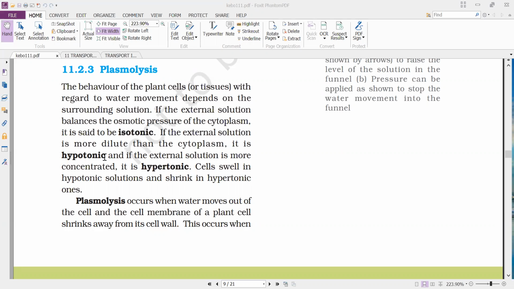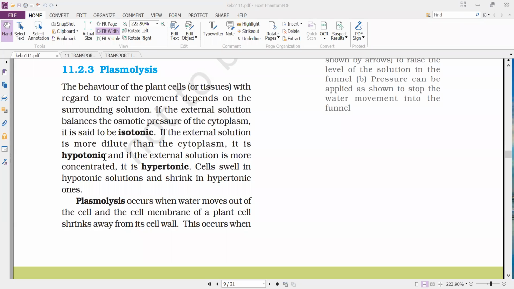So continuously the water enters from the external solution into the cell through the membrane. As a result, the cell will swell. That means the size of the cell will increase, because the plasma membrane is elastic in nature and can extend.